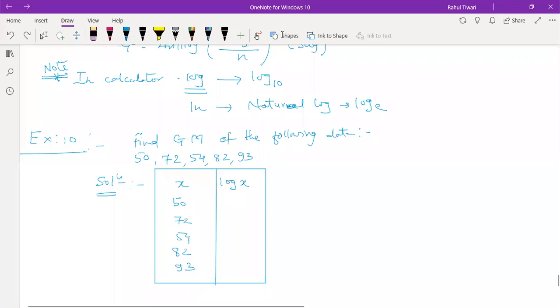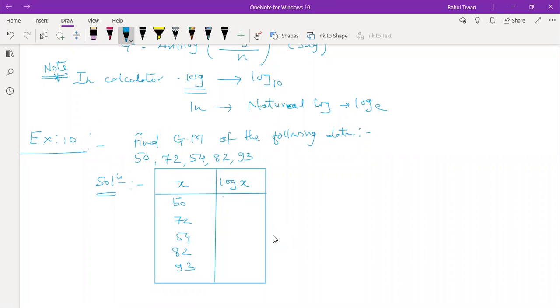Now after this, you need to calculate the log of 50. So you go to the calculator and there is an option called log, not ln, log. Take log 50.